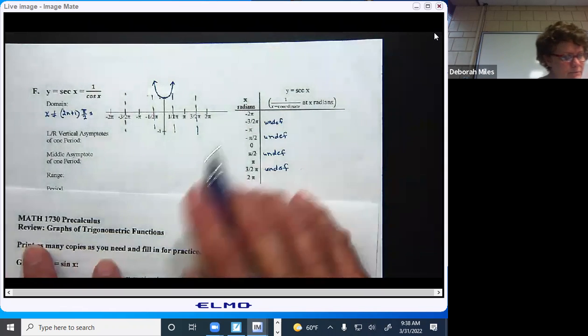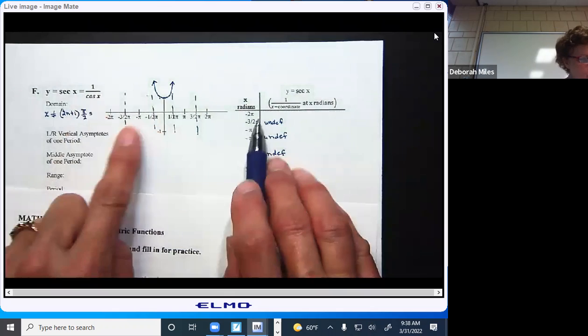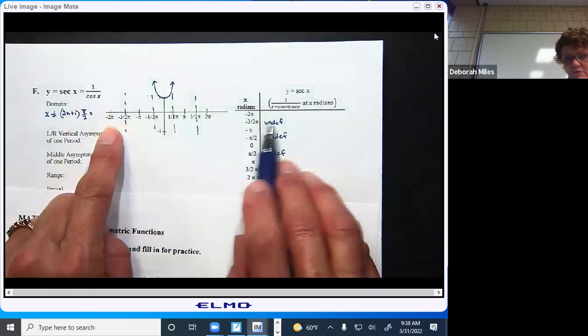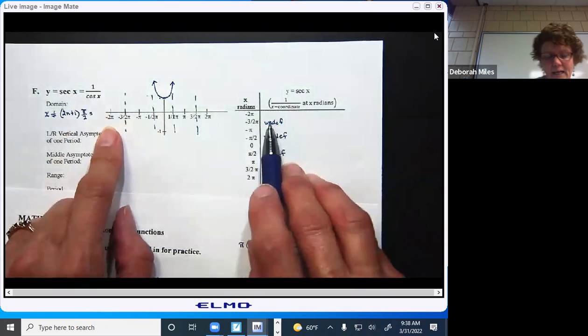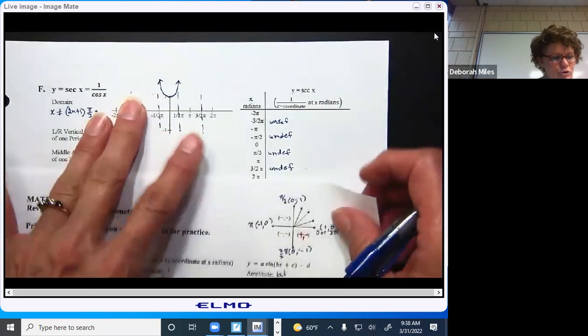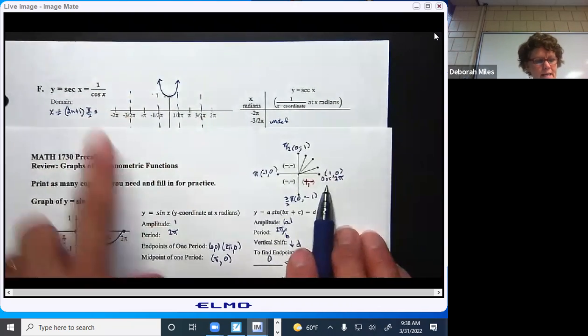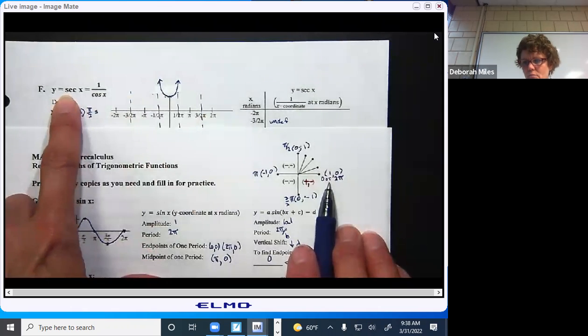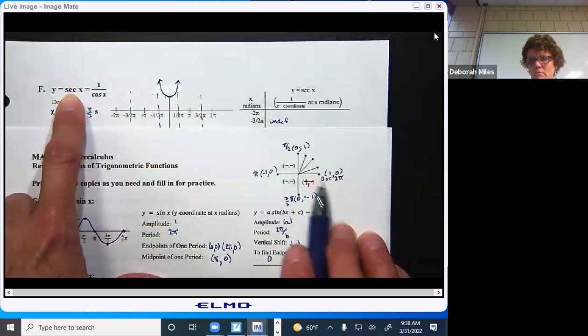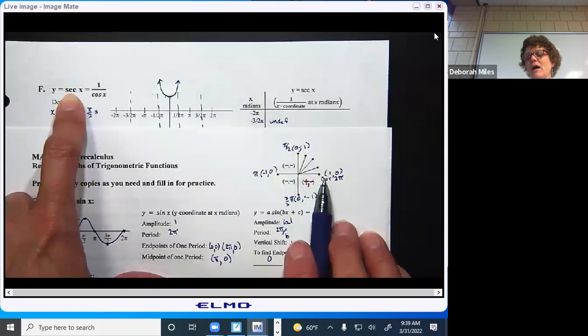And actually, before I talked about that, I meant to go back and fill in these other values on my XY chart. At negative 2 pi, what is secant? Negative 2 pi is the same as positive 2 pi. The x coordinate or cosine is 1.